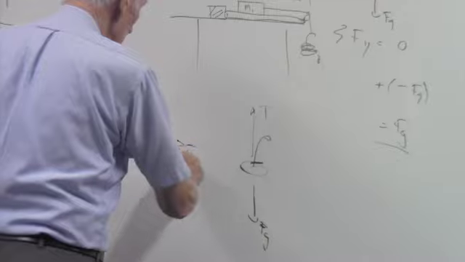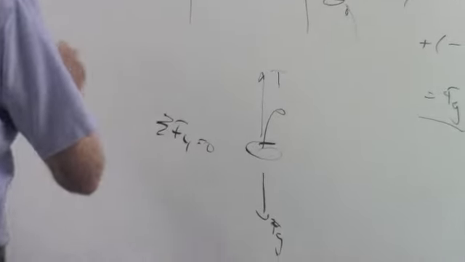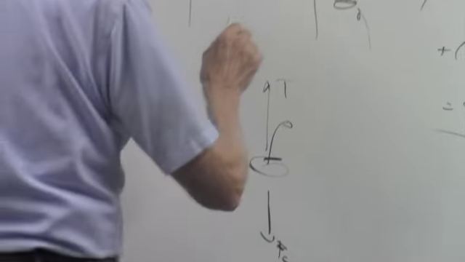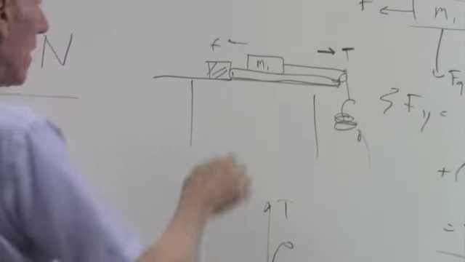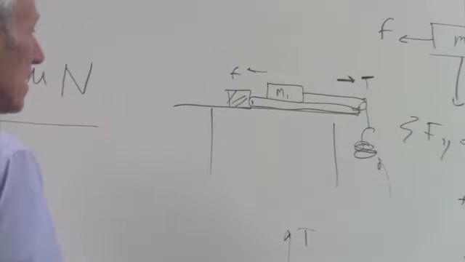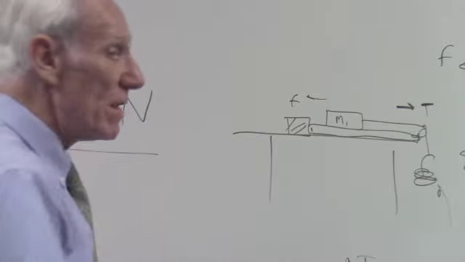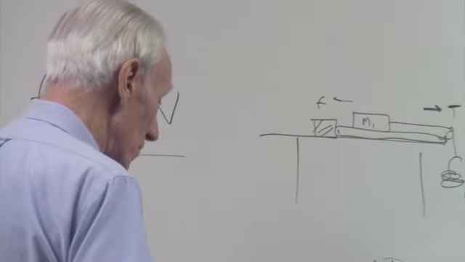And the sum of the forces in the y direction is 0 because the velocity is constant. If I keep the velocity constant, then there is no net force, and this moves down at a constant speed, this moves across at a constant speed, so we're obeying Newton's first law, the law of equilibrium. It's kinetic or dynamic equilibrium.